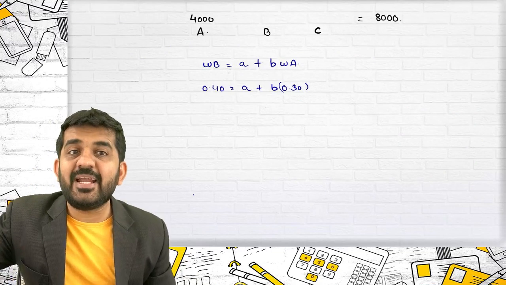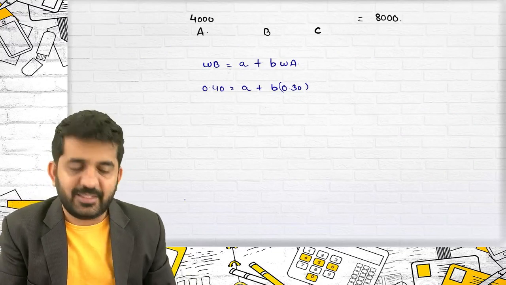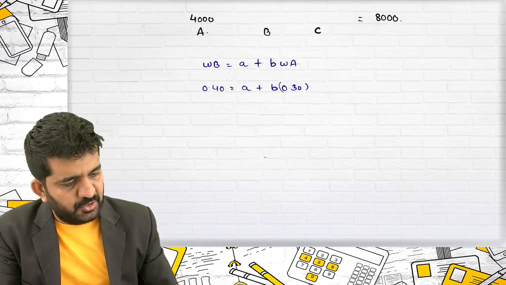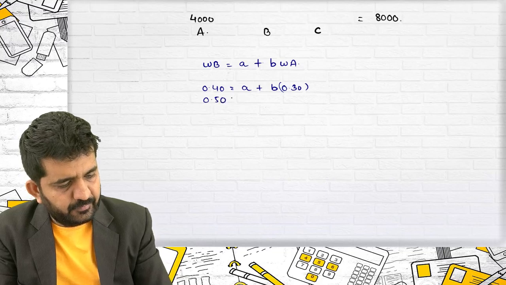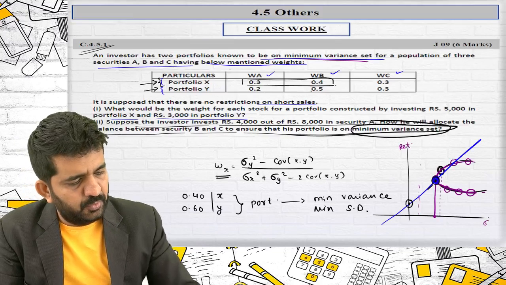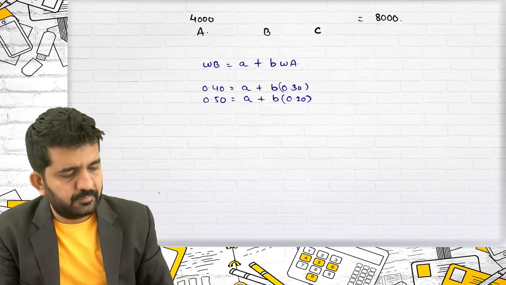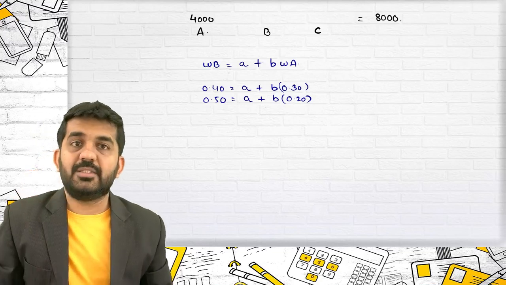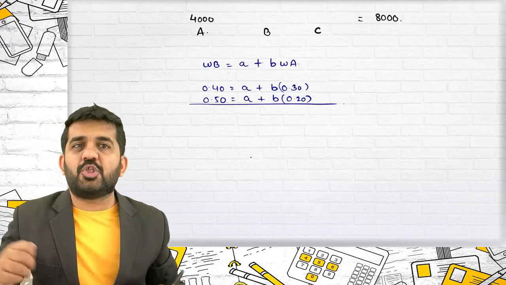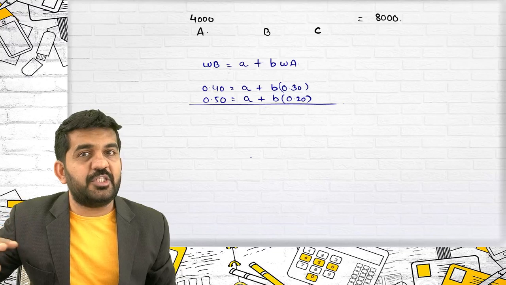Similarly, the second portfolio, that is portfolio Y, is also on the same variance set. From portfolio Y, can I take this equation: 0.5 is equal to origin plus scale into 0.2. By solving these two equations, there are two equations and two variables.